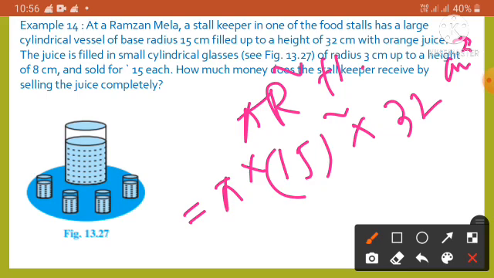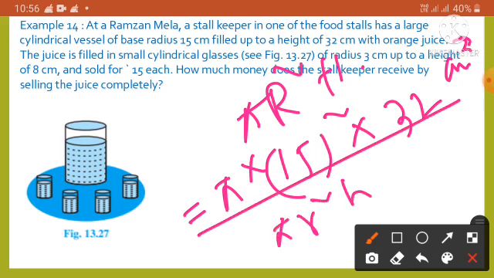Similarly, the volume of the juice each glass can hold will be pi r square h, where r and h are the radius and height respectively of each glass. So it will be pi into 3 square into 8 for each glass.